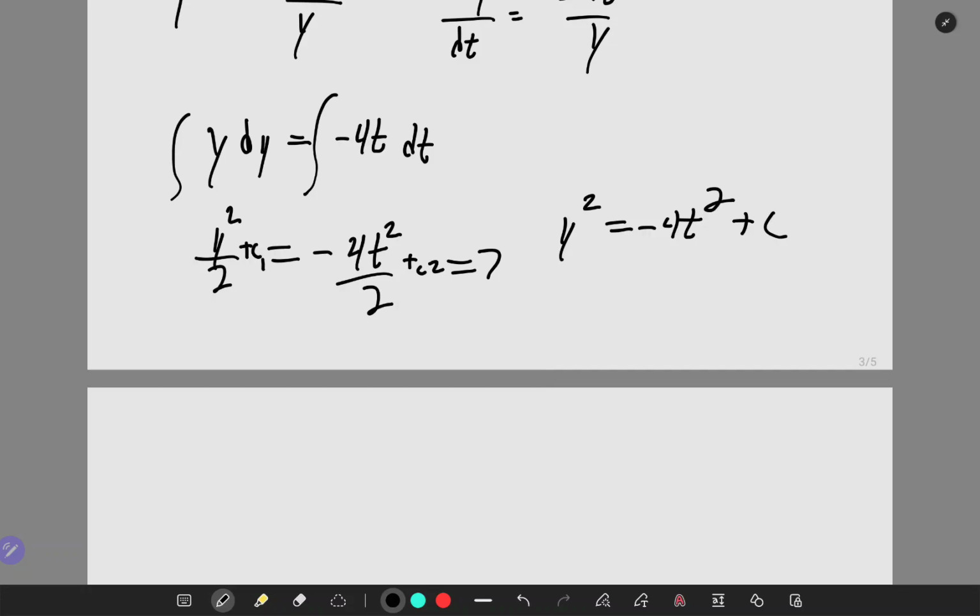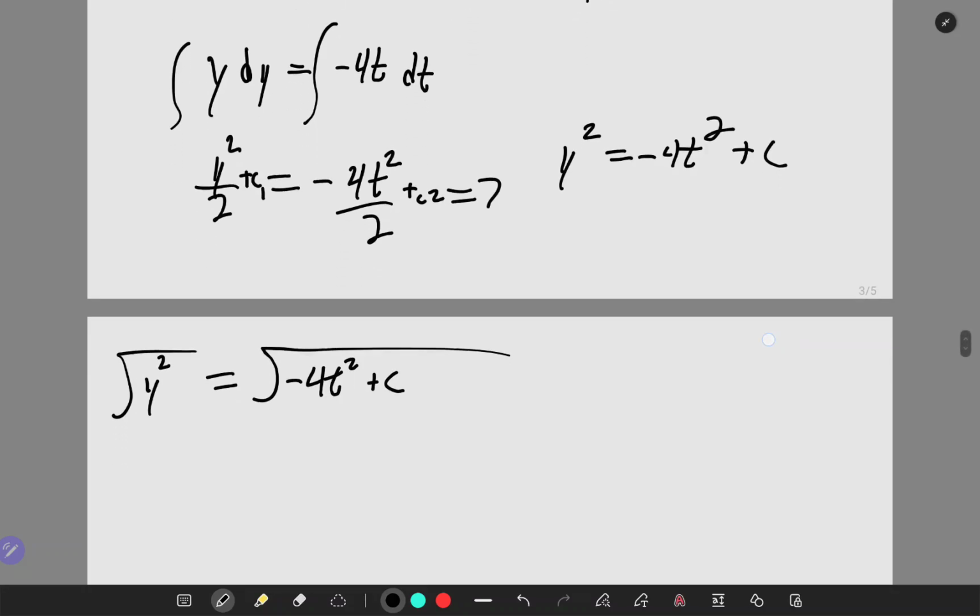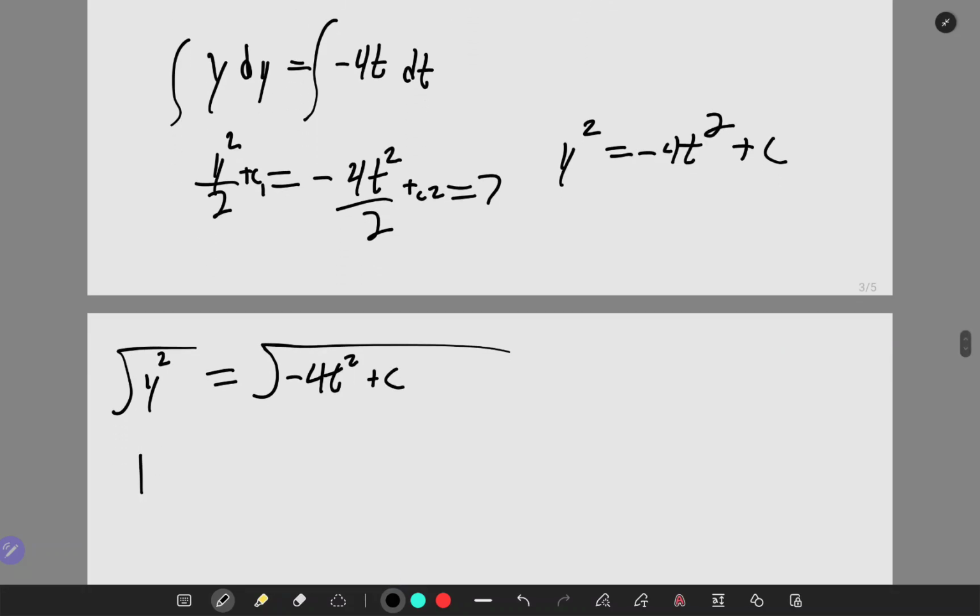So now that we have this here, let's take the square root of both sides. So we have y squared is equal to the square root of negative 4t squared plus c. The square root of y squared can be rewritten as the absolute value of y, is equal to c minus 4t squared.